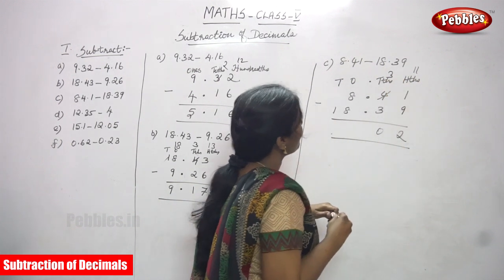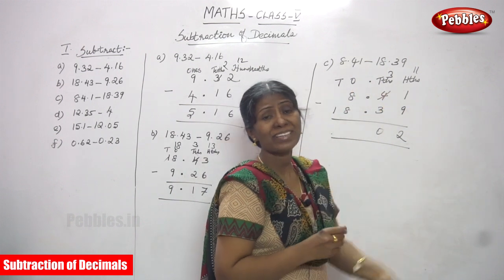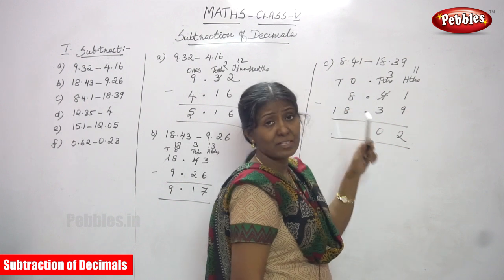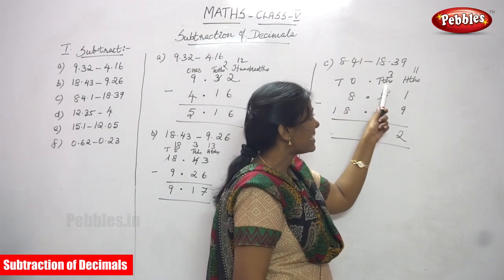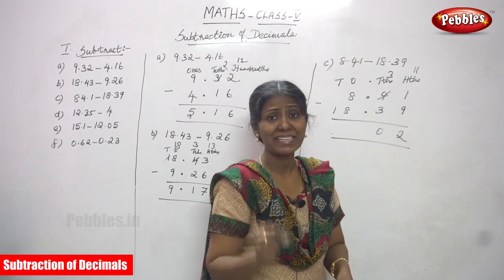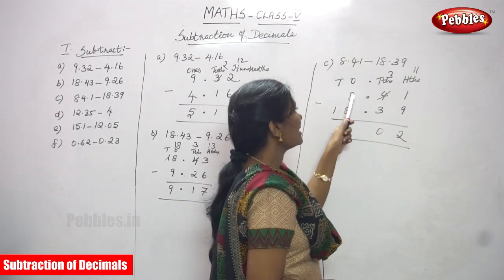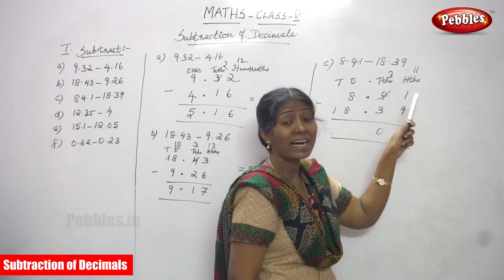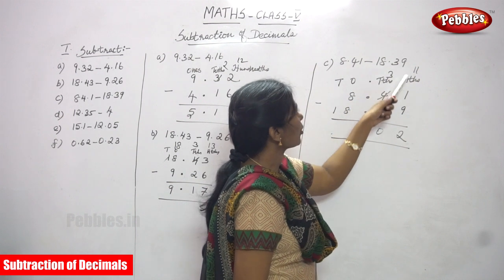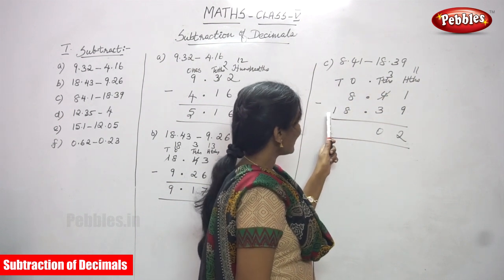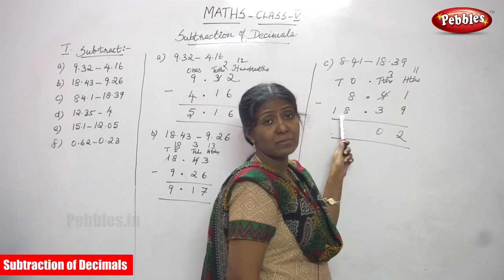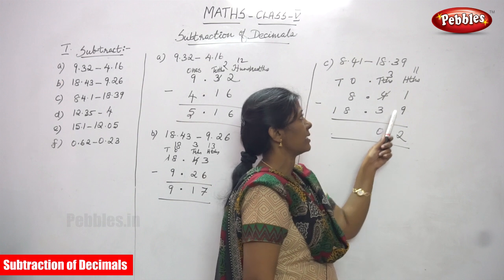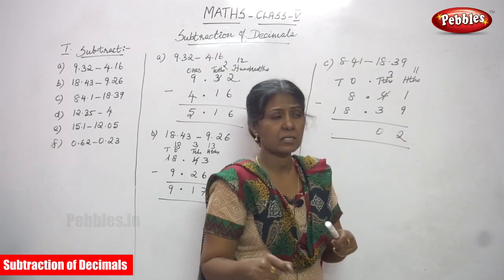I'll repeat once again. You have to subtract 8.41 minus 18.39. First you have to write the place values: ones, tens, and next to it tenths and hundredths. So 8 in the ones place, 4 in the tenths place, and 1 in the hundredths place. And in 18.39, 1 in the tens place and 8 in the ones place, 3 in the tenths place, and 9 in the hundredths place.